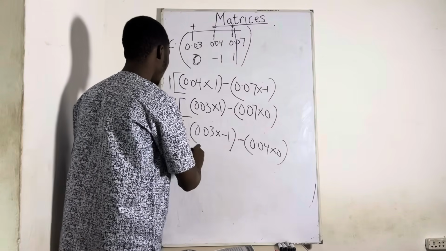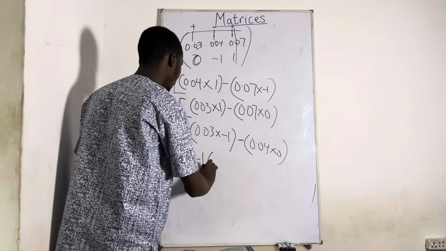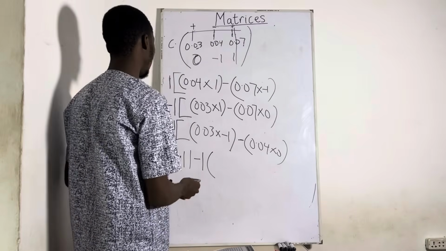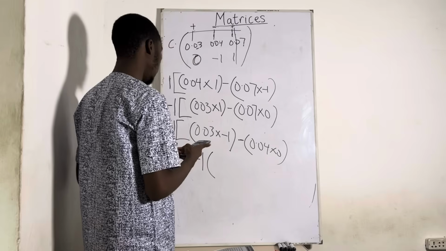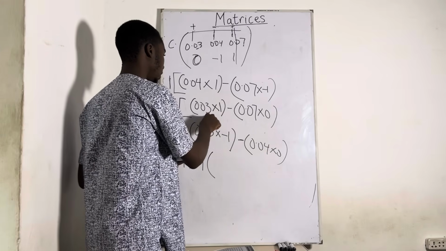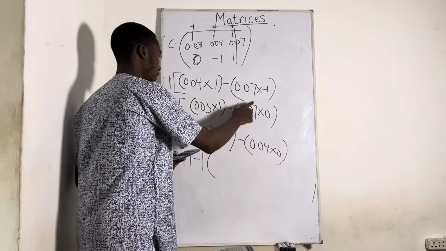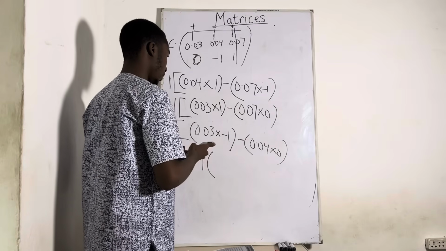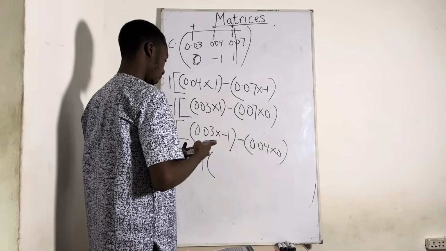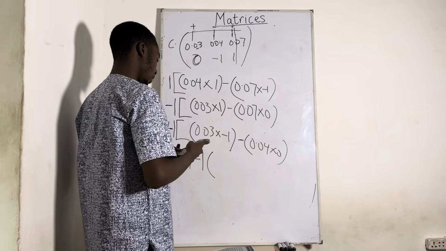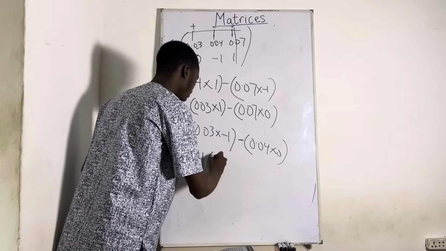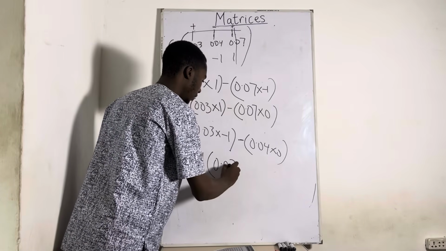Then minus 1. So you have minus 1 into brackets. So negative 1 times whatever is here. So into bracket 0.03 times 1 minus into brackets 0.07 times 0. So you are getting 0.03. So minus 1 into bracket 0.03.